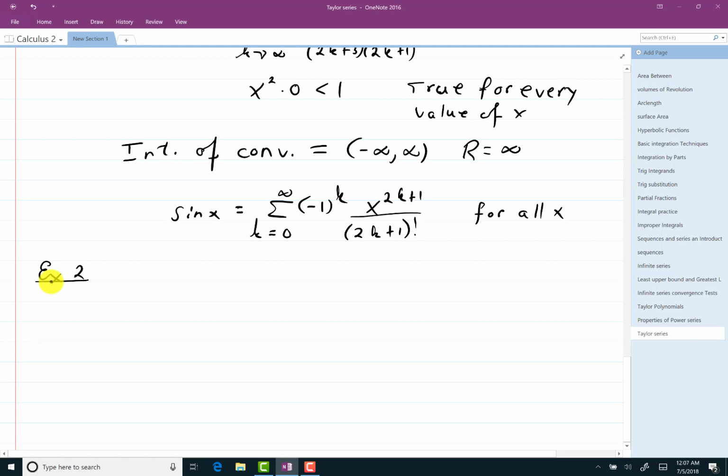I want to estimate sine of 1 to 4 decimal places using the series we found.